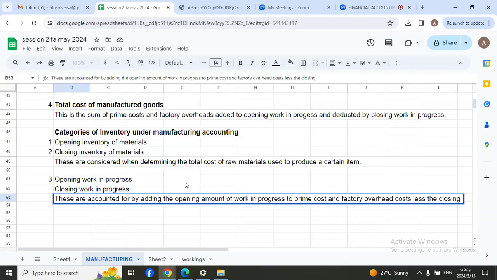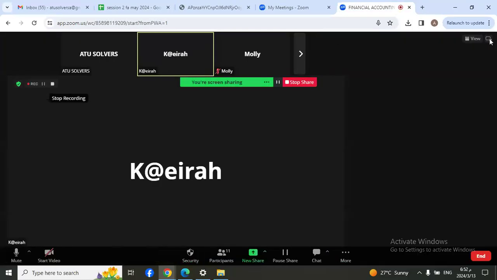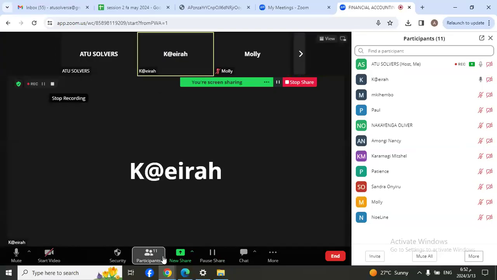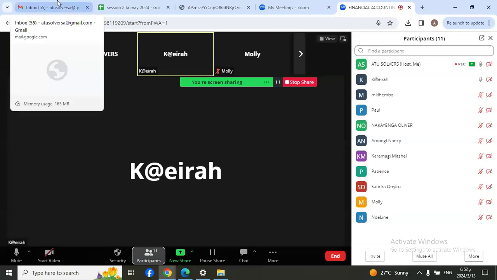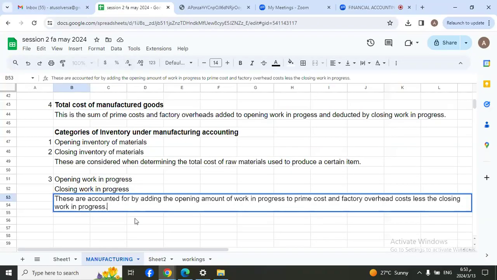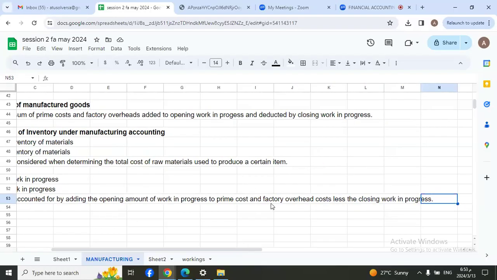It has come now. We are saying that these are accounted for by adding the opening amount of work in progress to prime cost and factory overhead costs less the closing work in progress. Are we together? Yes.